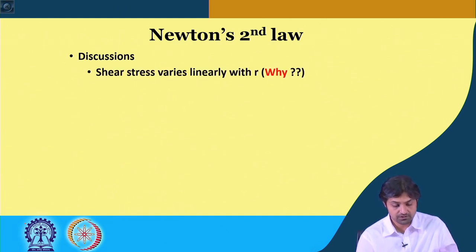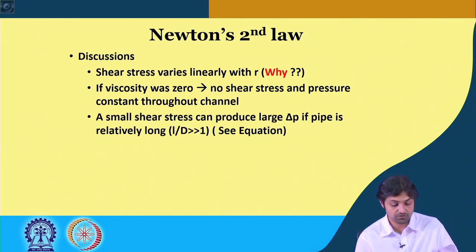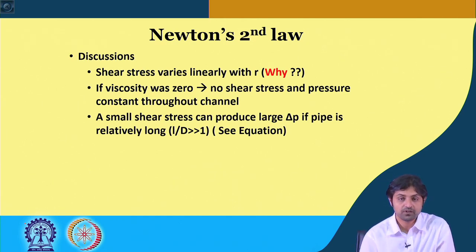Now the discussions. Shear stress varies linearly with r, and why? If the viscosity was 0, there would be no shear stress and pressure would have been constant throughout the channel. Therefore, a small shear stress can produce larger delta P if the pipe is relatively long.